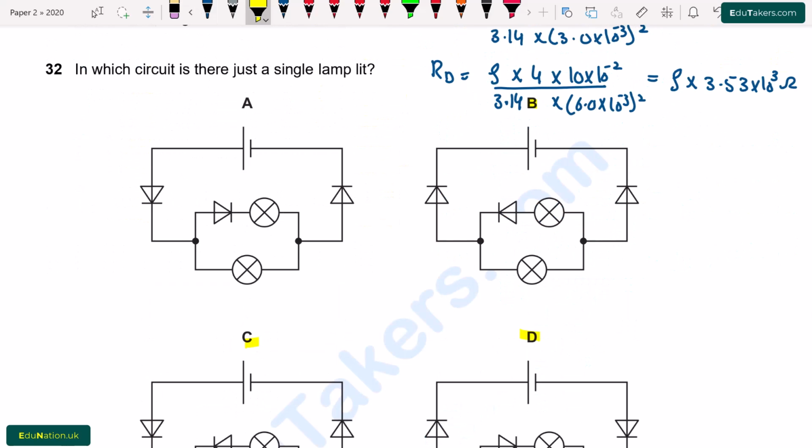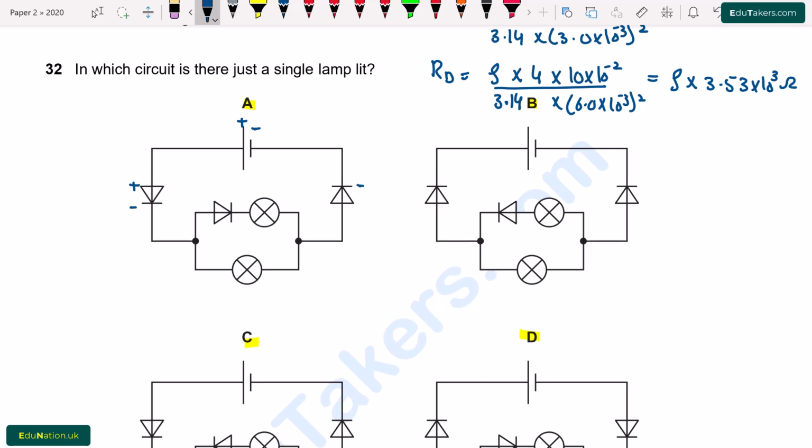Question number 32. In which circuit is there just a single lamp lit? So here are 4 circuits. In each of these circuits there are 3 diodes and 2 lamps. So here is A, B, C and D. In circuit A, we see that this is the positive terminal of the battery and here is the negative terminal of the battery. This is positive and negative.